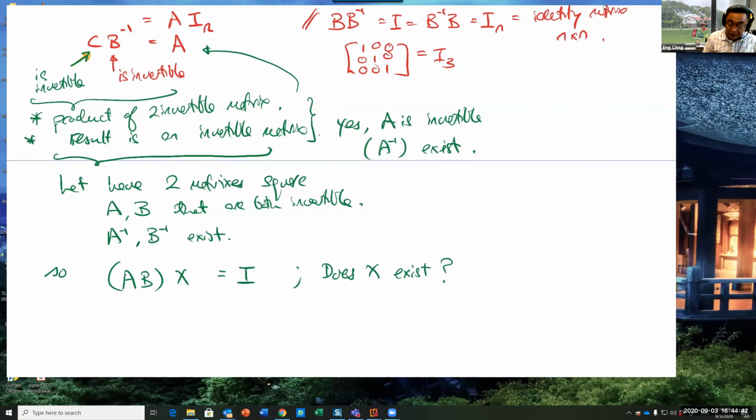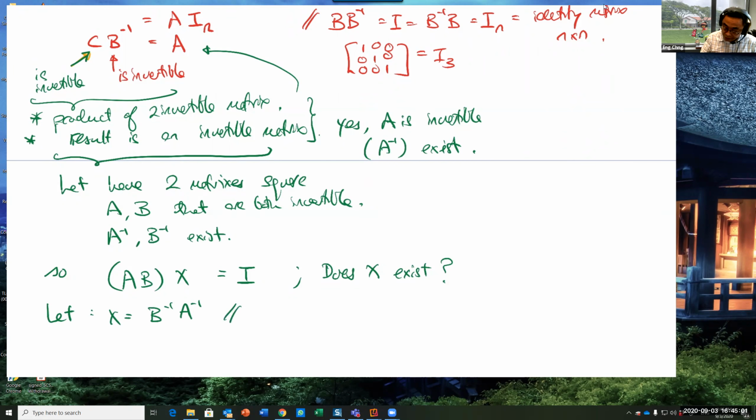Okay, so the trick is very interesting. Basically, let X equal, and guess what X is going to be? It's going to be B minus 1, A minus 1. Now, why can we do that?